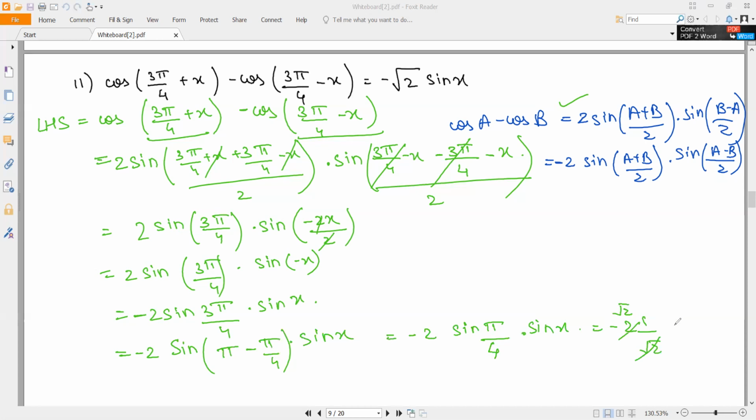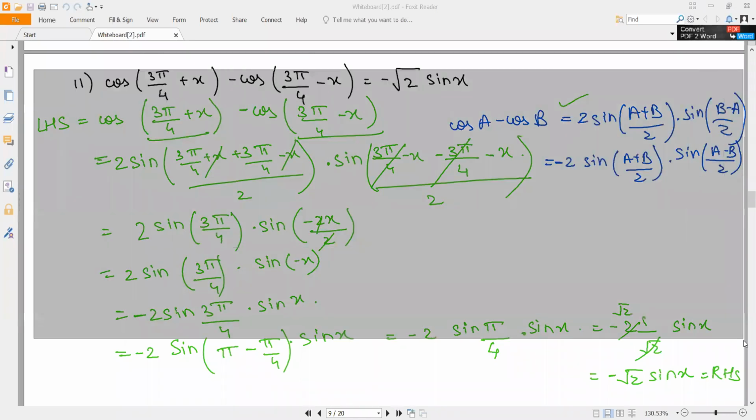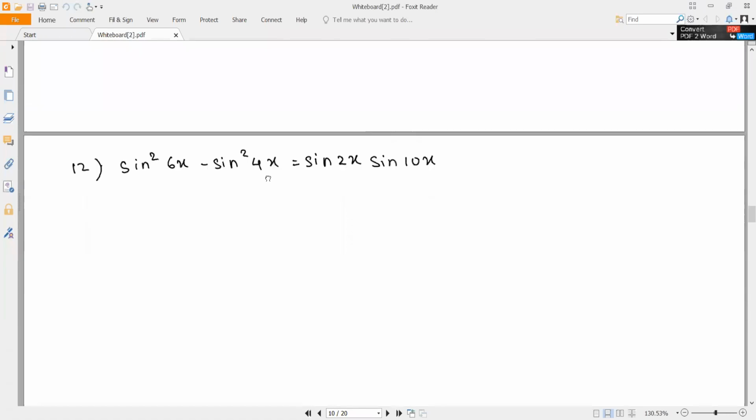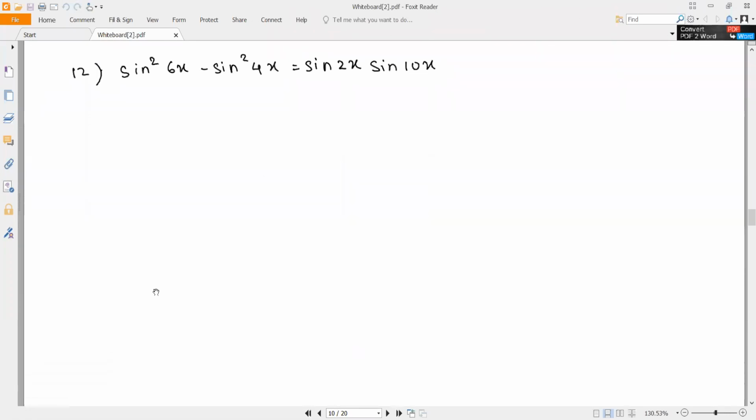We're left with root 2 sine x. This is equal to minus root 2 sine x, which is your RHS. Next.